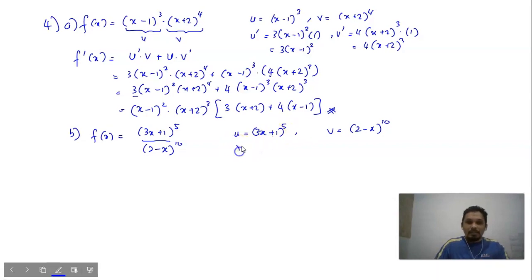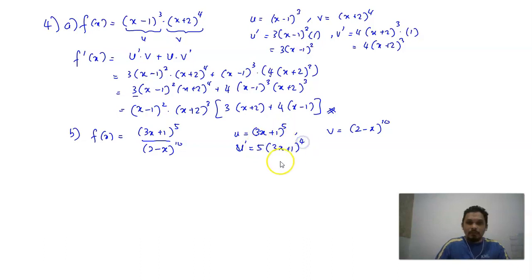Then u prime equal to 5 times (3x plus 1) to the power of 4, and don't forget we need to differentiate the function inside. Differentiate 3x plus 1, multiply with 3. It is equal to 5 times 3, 15, (3x plus 1) to the power of 4.